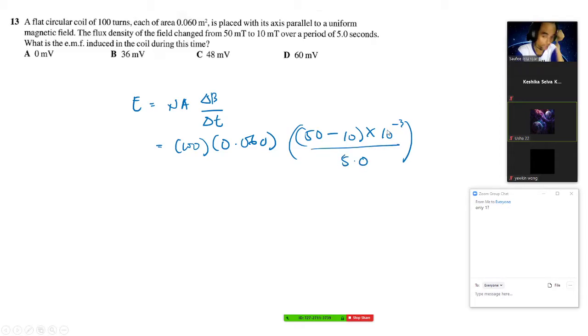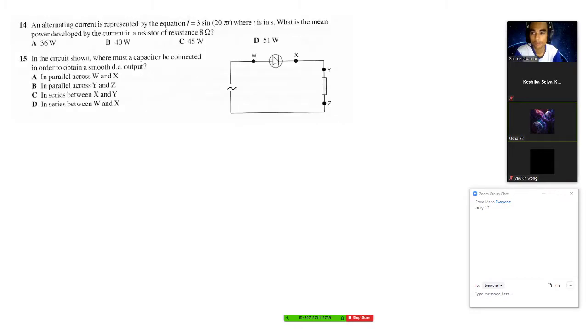So the induced emf will be 0.048 volt, or 48 millivolt. So the answer will be C. This is a very basic question, very direct. You just substitute the numbers. Okay, then we go to the next question. Any question about question number 13? No, sir. Okay.